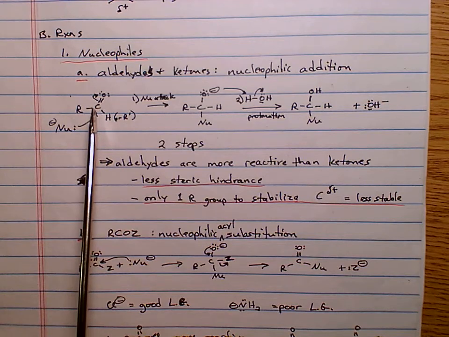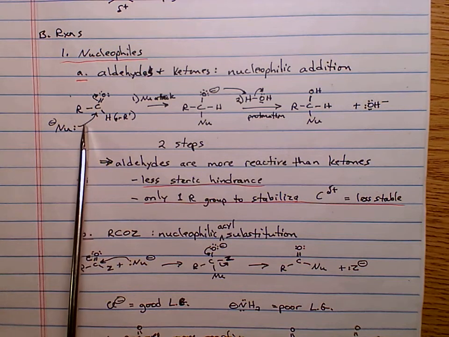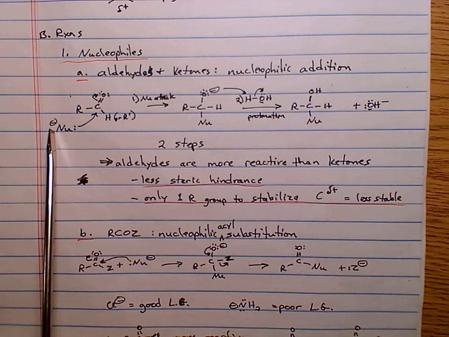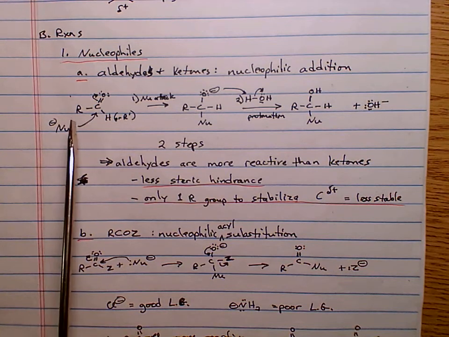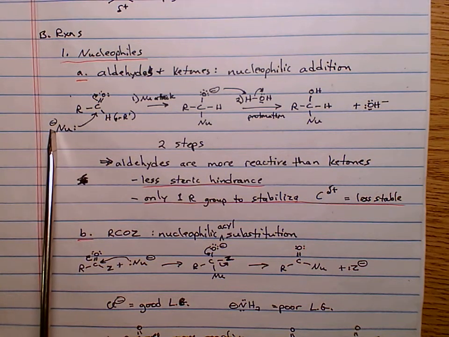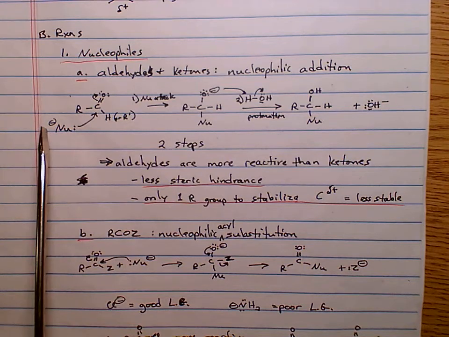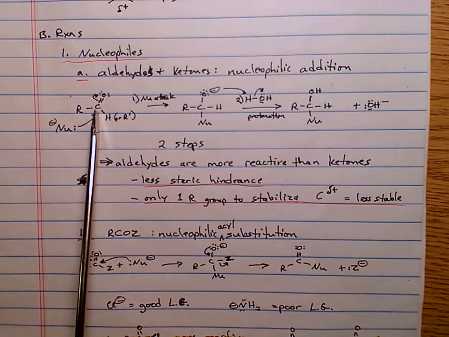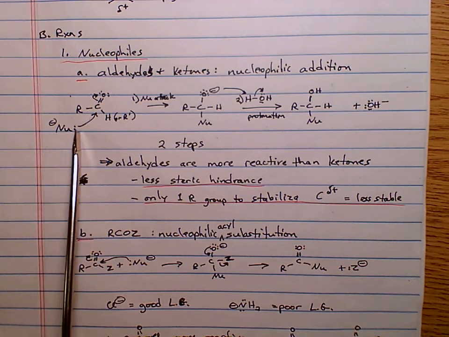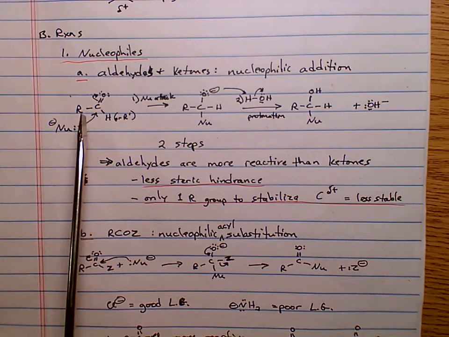If it has less positive charge, then it's not as attractive to a negative nucleophile. Negative things like positive things, very negative things like very positive things. The more positive the carbon is, the more a negative thing is attracted to it. Good old Coulomb's law.